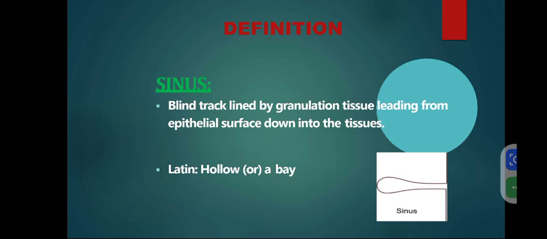Now let's come to the sinus. What is the definition of sinus? A blind tract lined by granulation tissue leading from an epithelial surface down into the tissues. In Latin, it means a hollow or a bay.